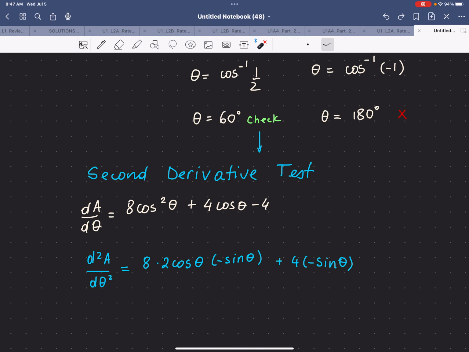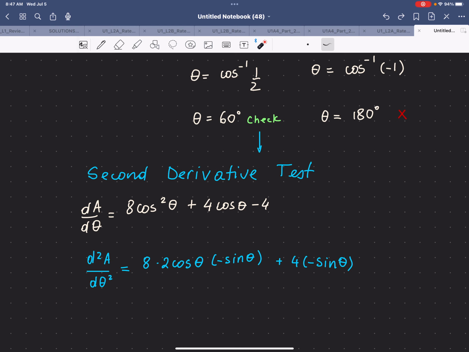So we'll say that the second derivative would be, so remember that we have the sum of three different terms in here. So 8 cosine squared theta, you have a little chain. So coefficient 8 stays in here. We do the power first because this is like cosine theta to the power of 2. So the outside function will be the power function. So that's 2 cosine theta, and power here would be 1 for cosine.